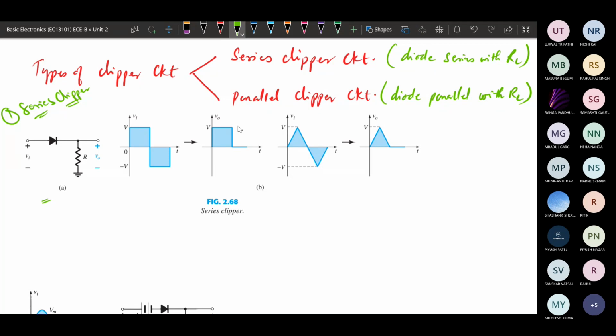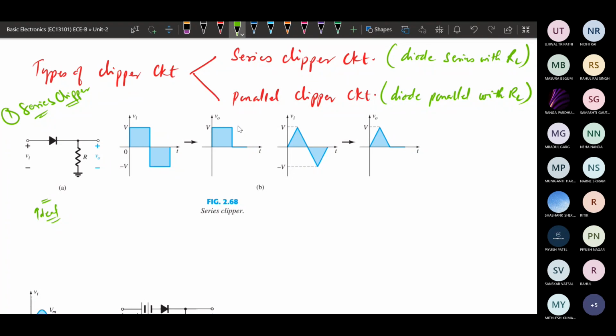So if it is an ideal diode, and this is the waveform we are providing, a rectangular or square wave, we need to analyze what the output could be.